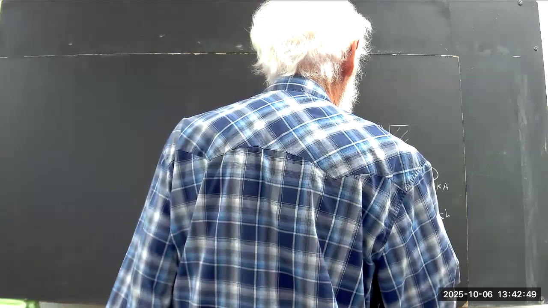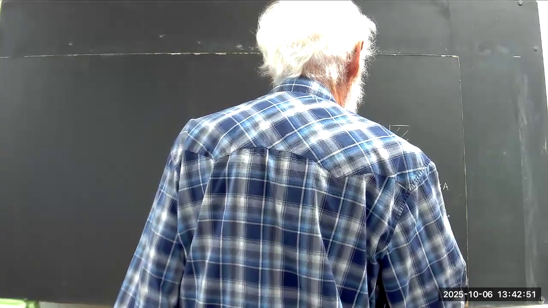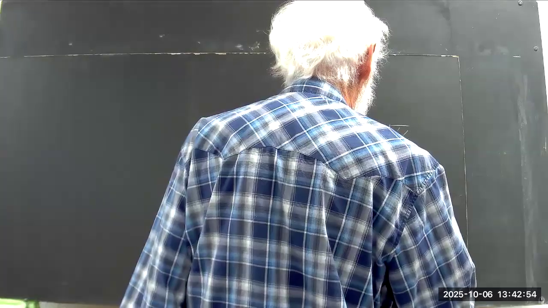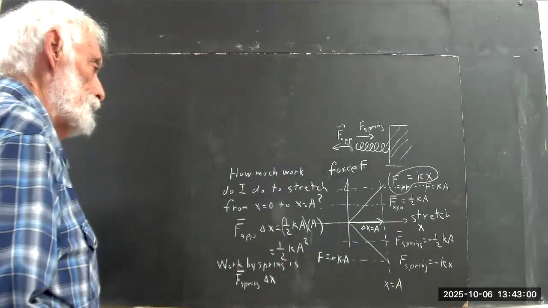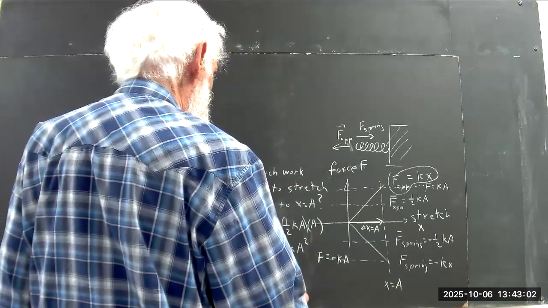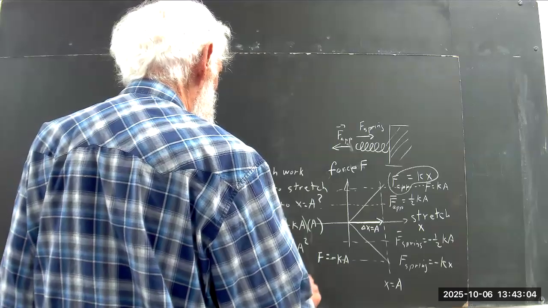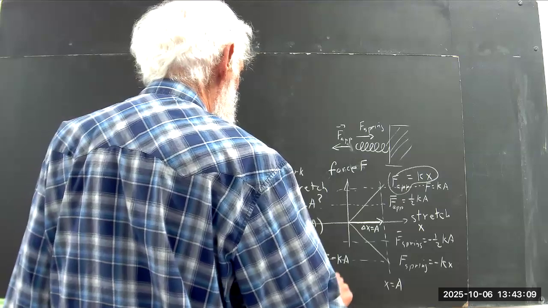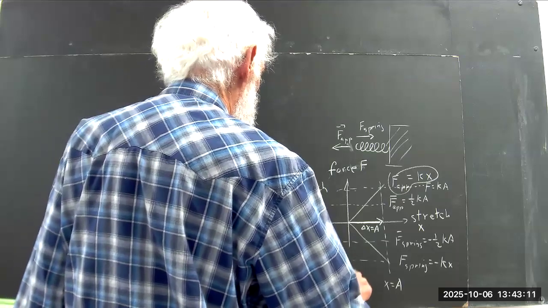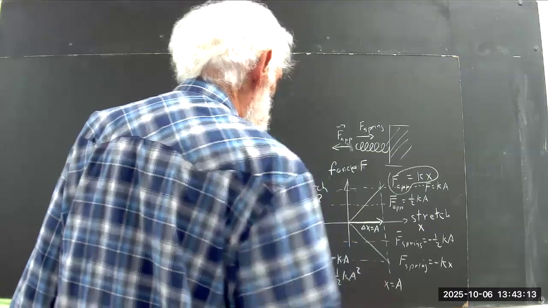The average force by the spring is negative 1/2 kA. So this is negative 1/2 kA also times A equals negative 1/2 kA squared.